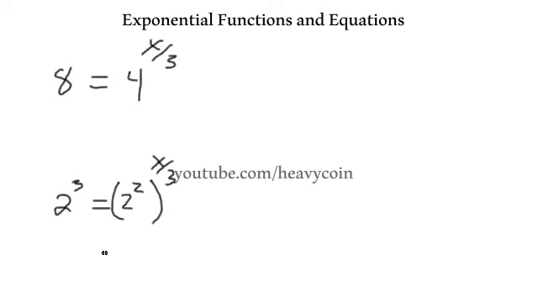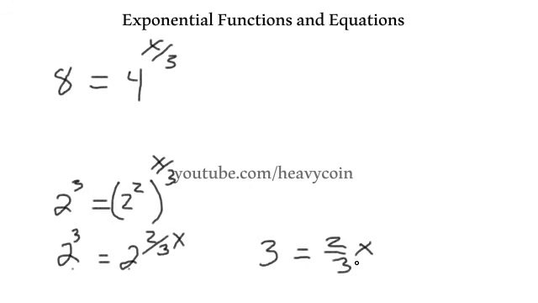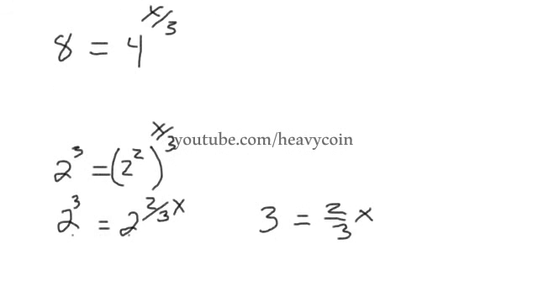Now we're going to have both the same base, and so I'm going to rewrite this 2 to the third, and then we multiply exponents, so we have 2 raised to the 2/3 x. Well, now that we have both of our bases the same, we set our exponents equal to each other and simply solve for x.